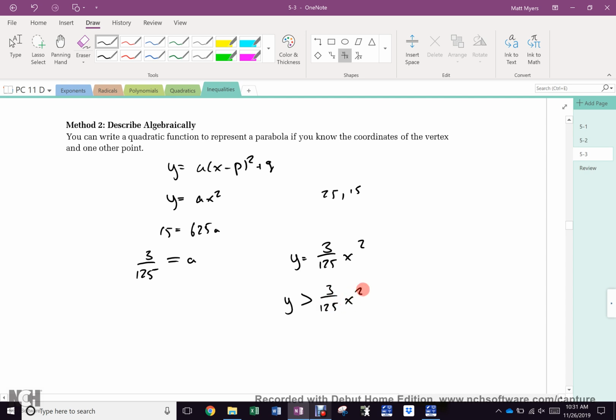So now, can we tell definitively if my mic will pick up Jacob? How? Where is Jacob? We said Jacob was 250 and 60, right? So what would go here? 60 greater than 3/125 times x squared. Well, x squared is 250 squared. That's a big number, yeah?